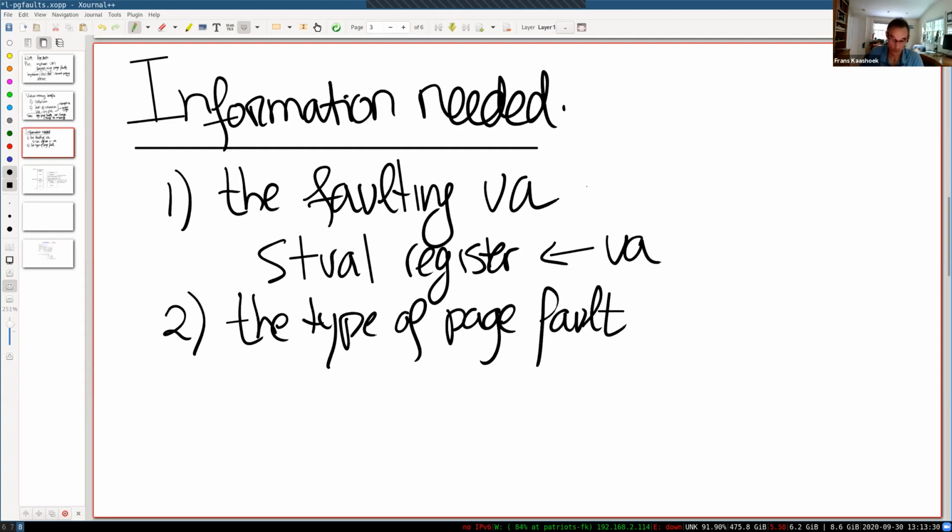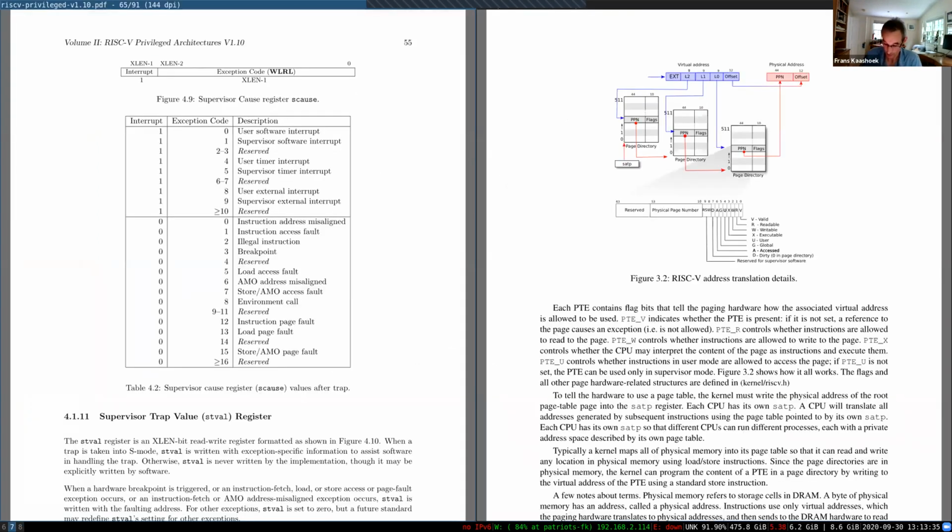So in fact, if you look in the RISC-V documentation, here in the SCAUSE register that was mentioned in the trap lecture, there are a number of causes that are related to page faults.